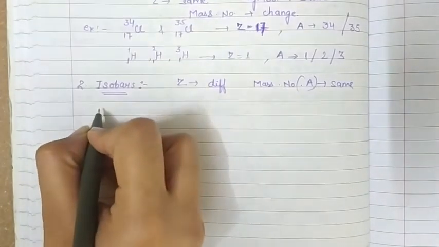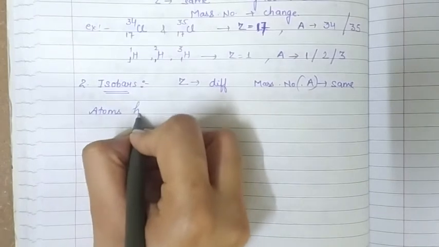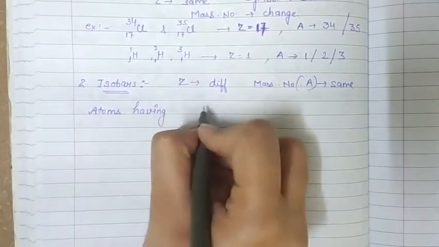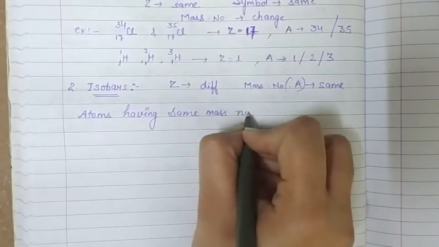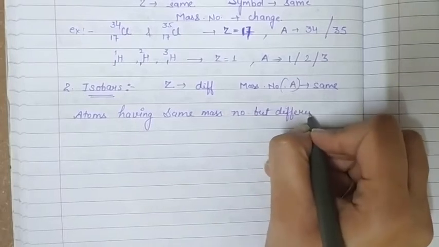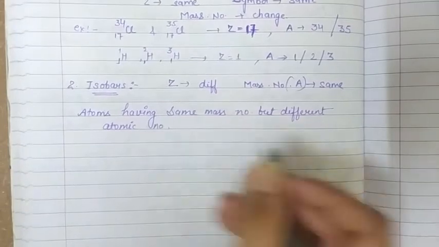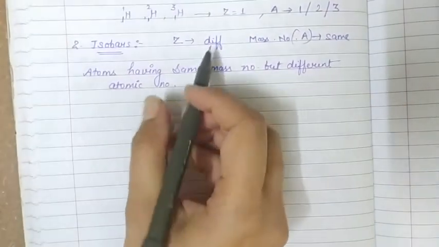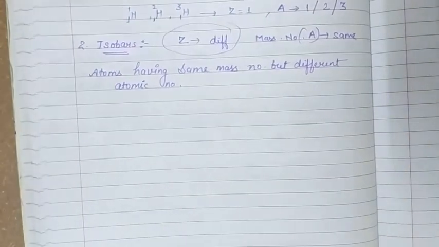We can define isobars as atoms having the same mass number but different atomic number. Since they have different atomic numbers, they have to be of different elements.